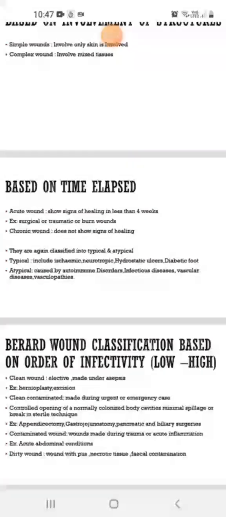Clean wounds are elective, made under asepsis conditions. Example, hernioplasty and excision. The infectivity rate of clean wounds is less than 2%. Clean contaminated wounds are made during urgent or emergency cases.